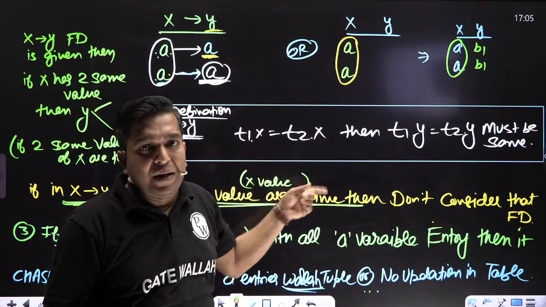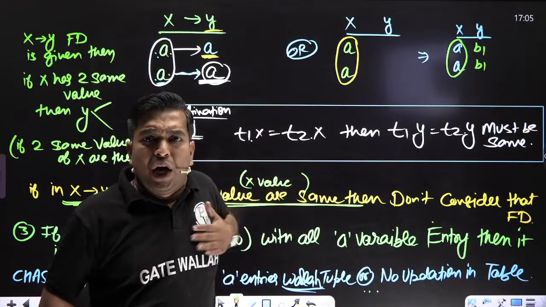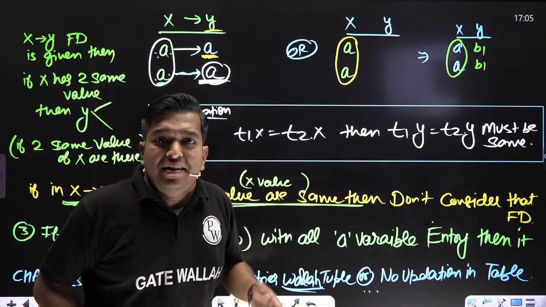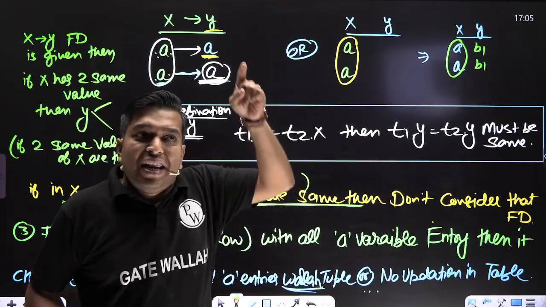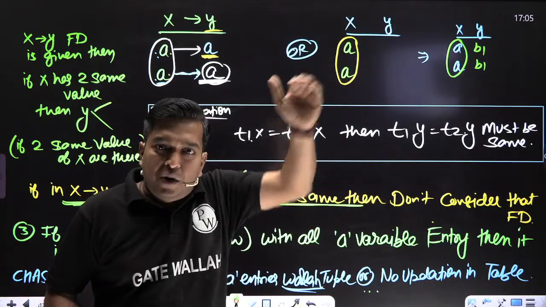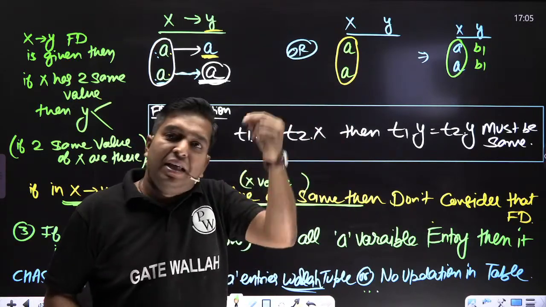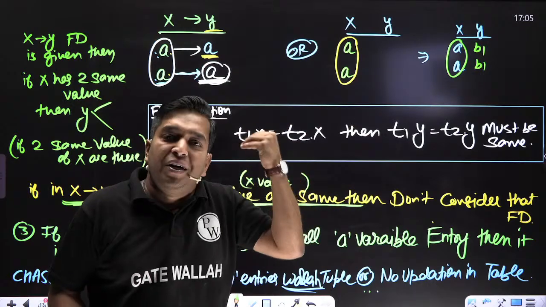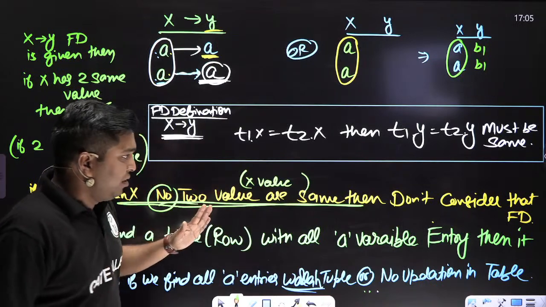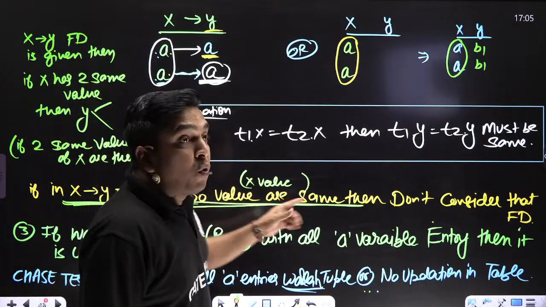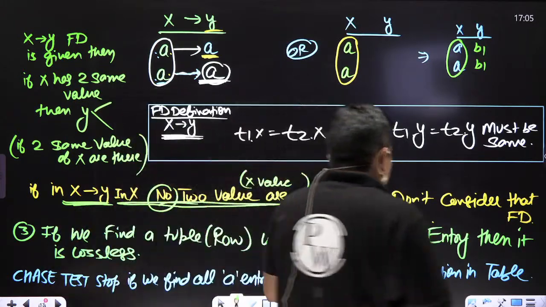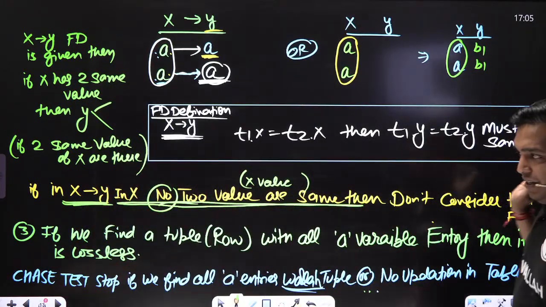The definition says that whenever my roll number repeats, my result will be displayed. Whenever roll number 11 repeats, Sham's result will be displayed, whether it repeats 2 times or 4 times. Clear? So if the roll number does not repeat, you can't fill. You know the FD concept, so then don't consider that FD.